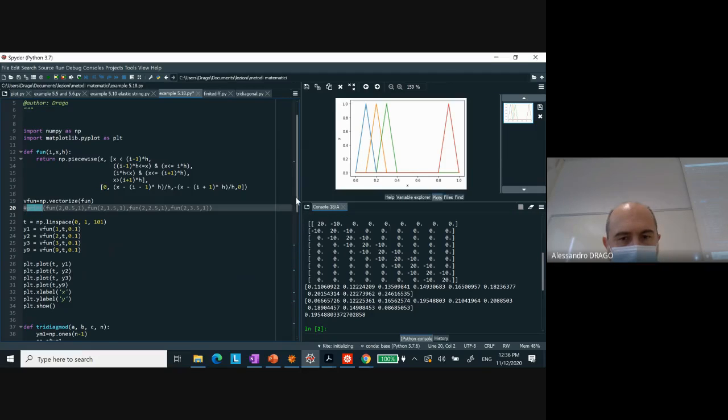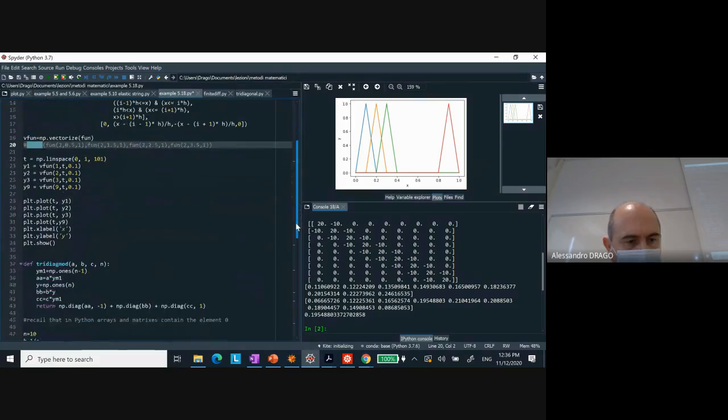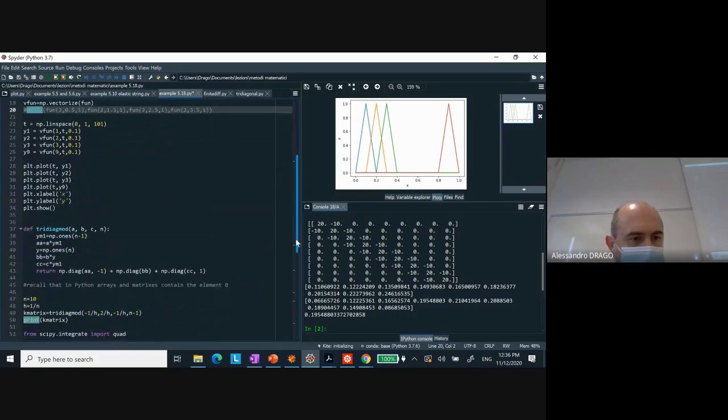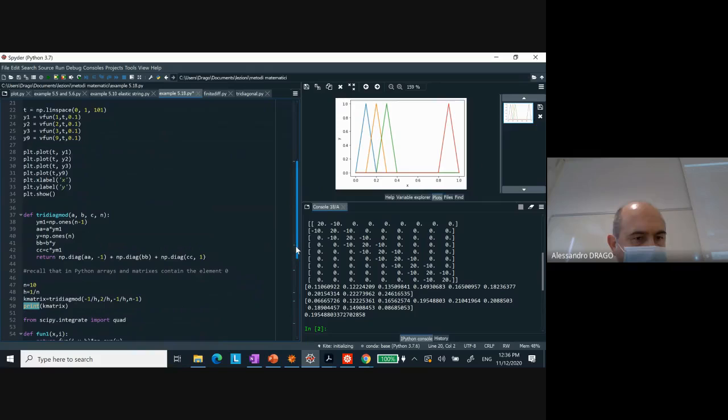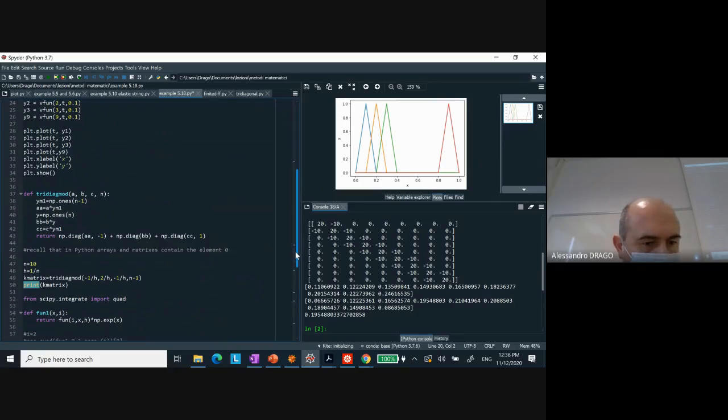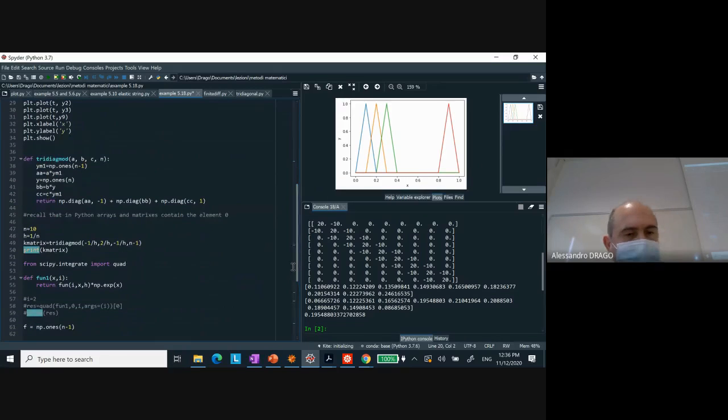Okay, so this is the first point. Second point is the matrix. So we use what we have learned a moment ago. What we learned a moment ago is how to write a three-diagonal matrix.